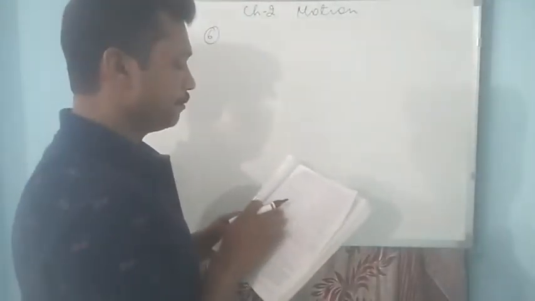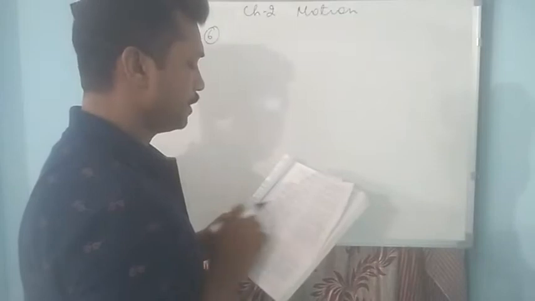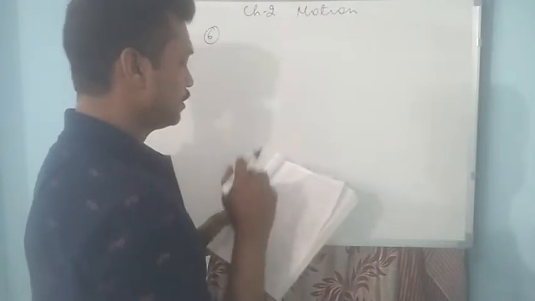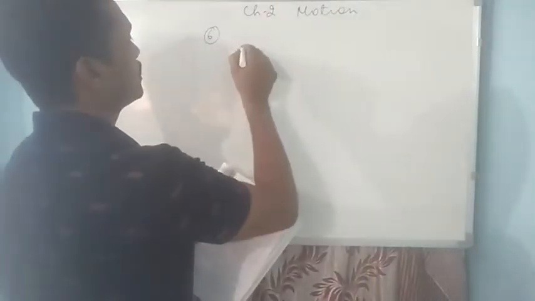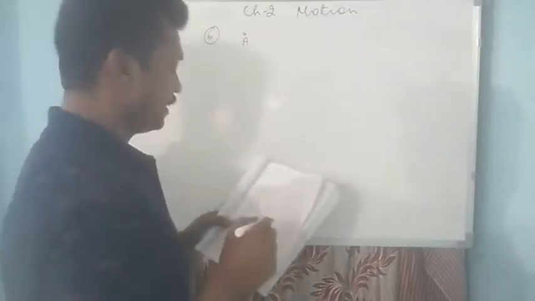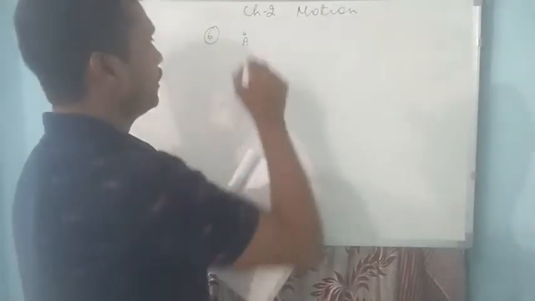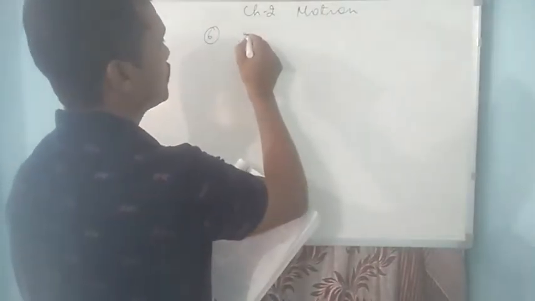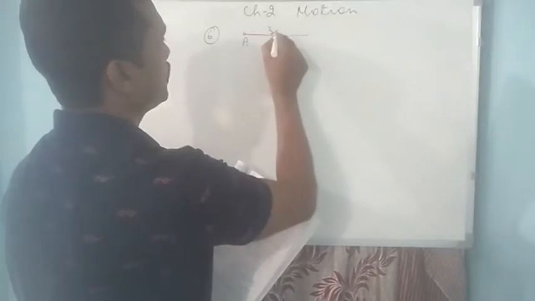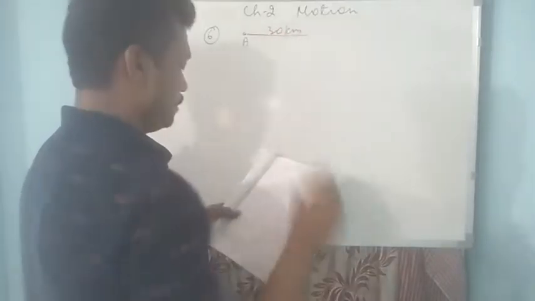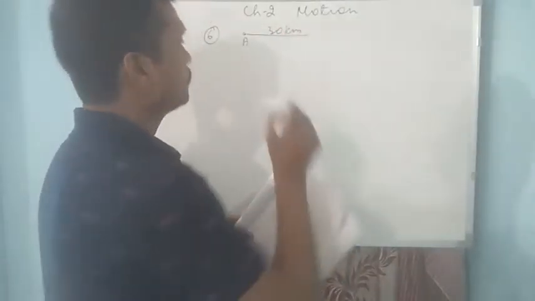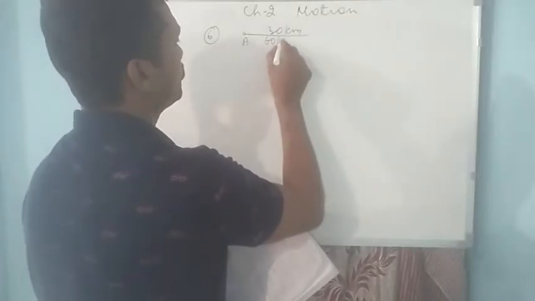A car travels first 30 km with a speed of 60 km per hour. We can take this starting point at A, where the body first covers a distance of 30 km and the speed is 60 km per hour.